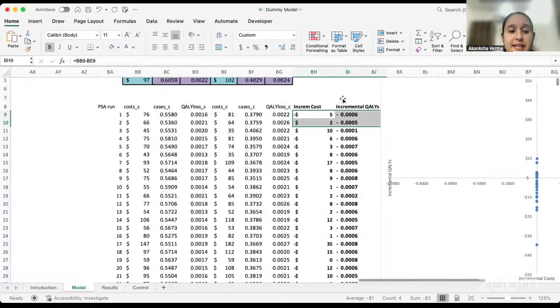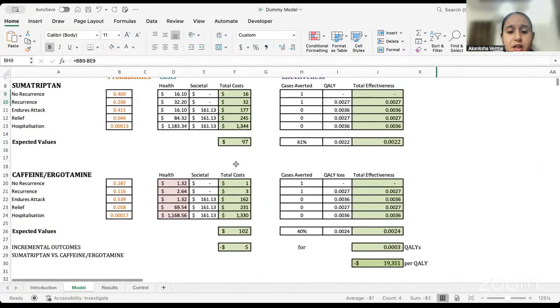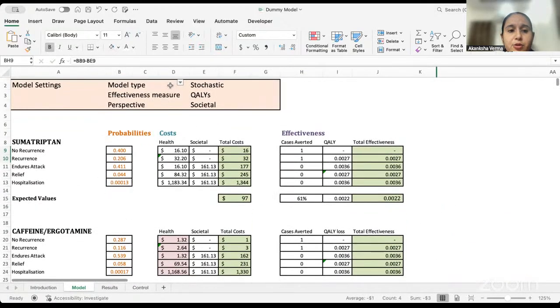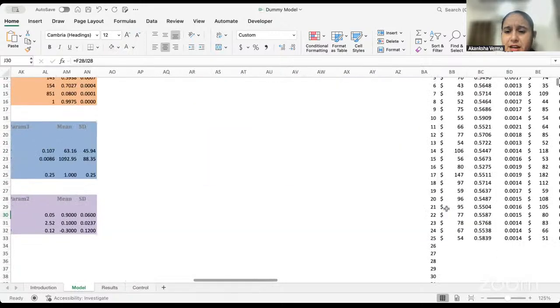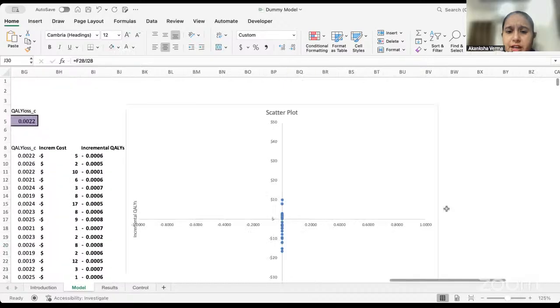If we see the base case result, let me put the model type back to deterministic. So you had 5,800, and you had -3 incremental cost and an additional 0.006 QALY. So again, it would lie somewhere in the quadrant. In which quadrant?